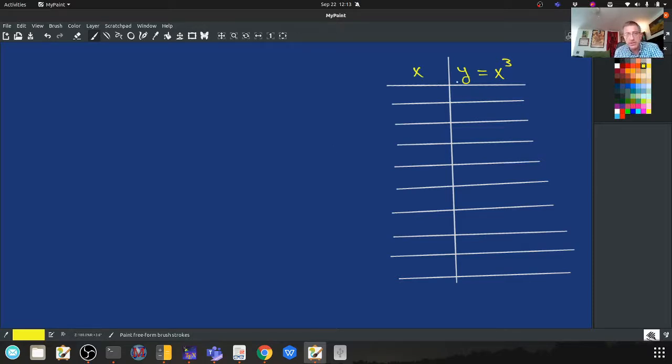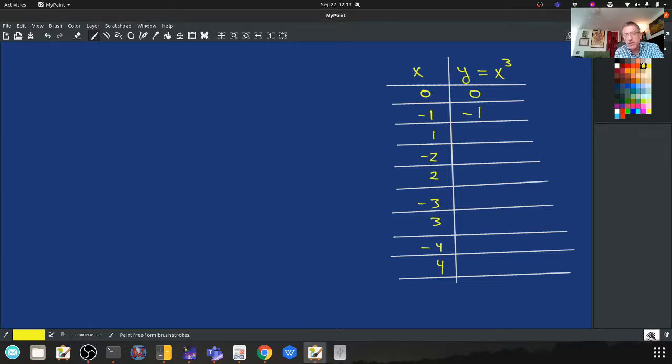You do need to learn how to do this on your own. So again, let's choose values of 0, 1, minus 1, 2, minus 2, 3, minus 3, maybe 4, and minus 4. So 0 cubed is 0. Minus 1, I already know the output's going to be negative, is minus 1 times minus 1 times minus 1.